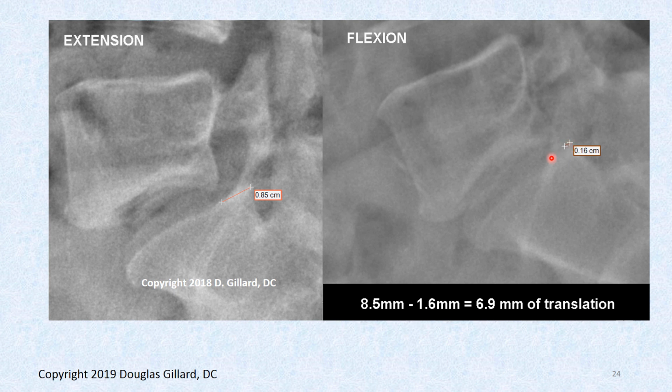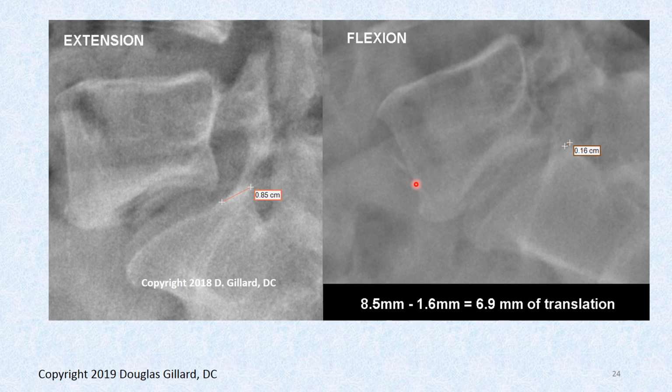So not good, right? You can convert these: 0.85 centimeters is 8.5 millimeters. So 8.5 millimeters minus 1.6 millimeters, because it didn't go all the way back to zero. So she's got almost 7 millimeters of sloppiness, slipping and sliding in the sagittal plane.